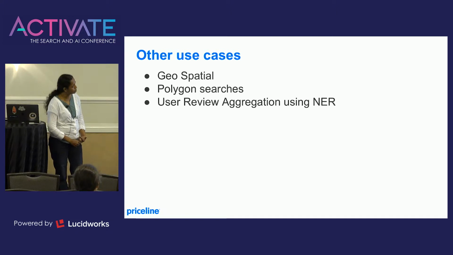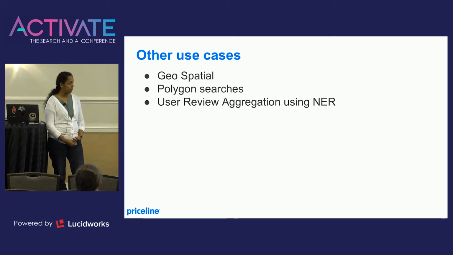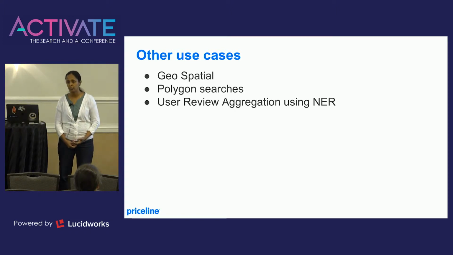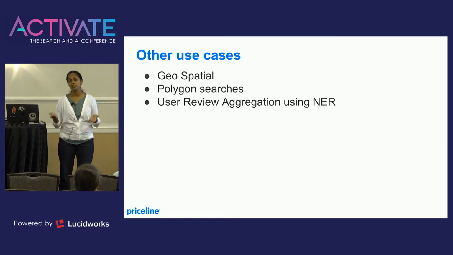And we do some aggregations on user reviews using named entity recognition. For example, you've all typically experienced that when you are researching hotels for some destination, there are many hotels and there are many thousands of reviews on each of these hotels. So we want to surface the most important or most talked about reasons for hotels.